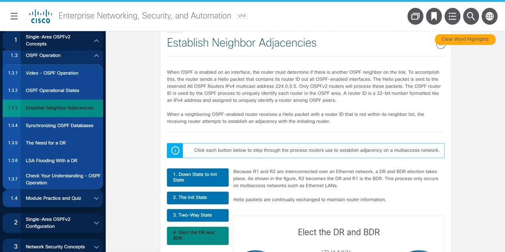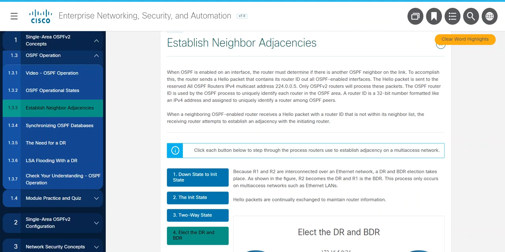And the OSPF router ID is used by OSPF to identify each router within that area. The OSPF router ID is a 32-bit address. Now, if you're wondering how they determine the router ID, it is assigned as follows.